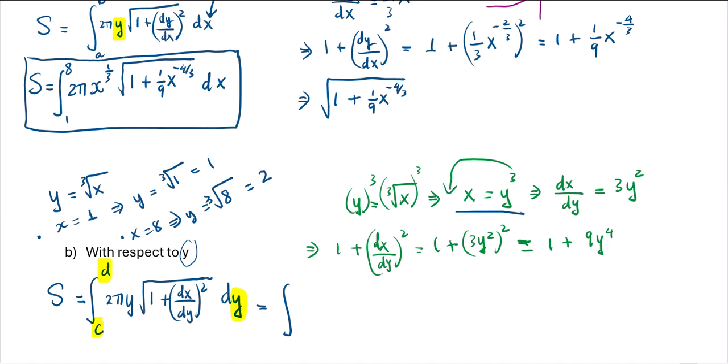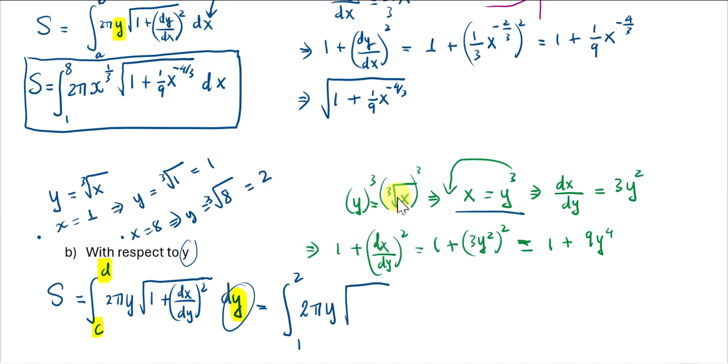So instead of going from 1 to 8 for x, now it's on the y, so I'm going from 1 to 2 instead. 2 pi, the y right here stays as y because everything is written in terms of y, so you don't have to replace the y with the cube root of x, you keep the y right here because everything is in y now.